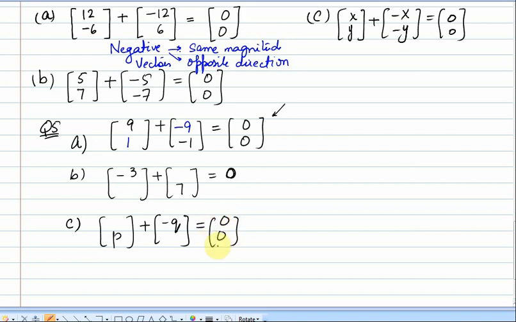Start. Done? Alright. So the first answer, it will be minus 3 plus 3 is 0 and minus 7 plus 7 is 0. Next one, Q minus Q is 0 and P minus P is 0. Right, so that's how you find out the negative vectors.